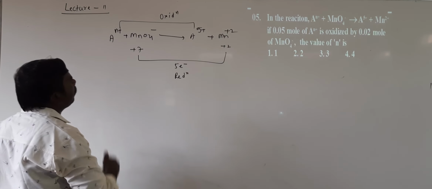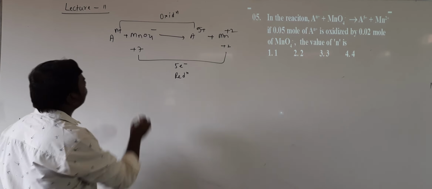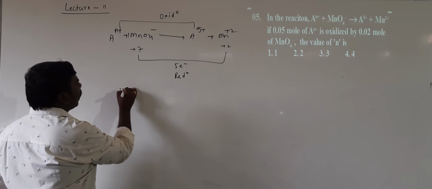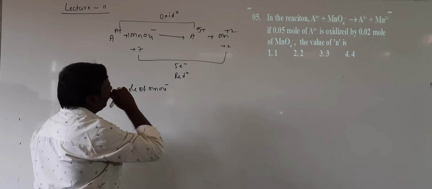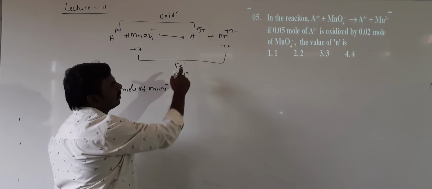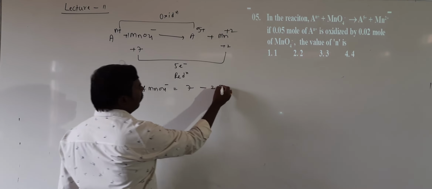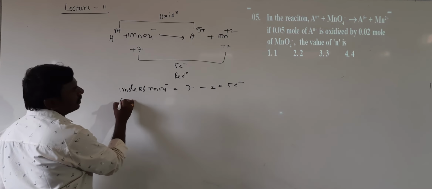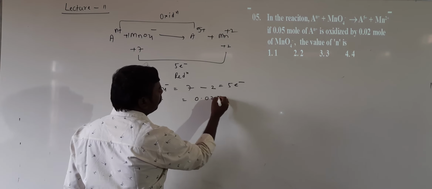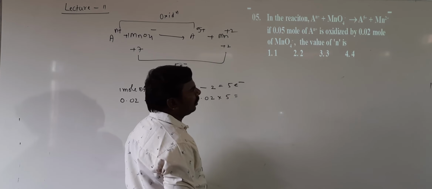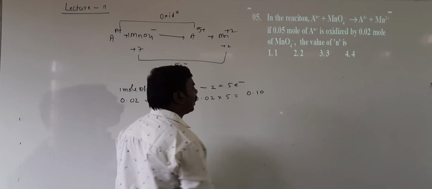Now, how do you get here? MnO4 minus, 0.02 moles. If it is 1 mole, MnO4 minus means how many electrons are we getting? 7 minus 2, so only 5 electrons. The total is 0.02 moles, that is equal to 0.02 into 5, which is equal to 0.10, right?